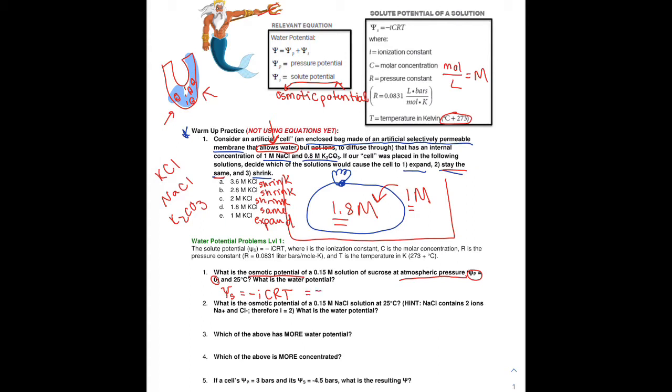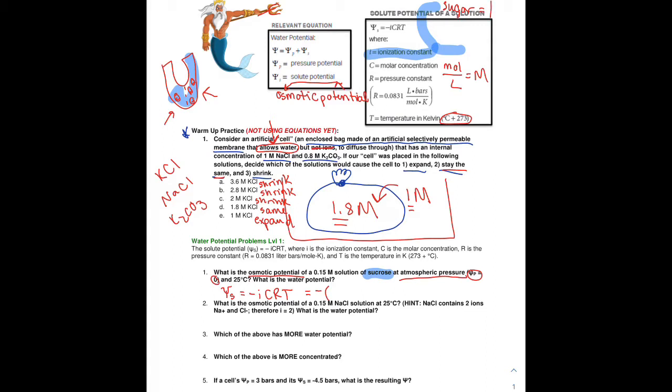Let's just plug in our stuff. Negative, what is i? Well, we're looking at sucrose, and so our ionization constant, this is something you'll make a note of, for sucrose, or any kind of sugar, is 1.